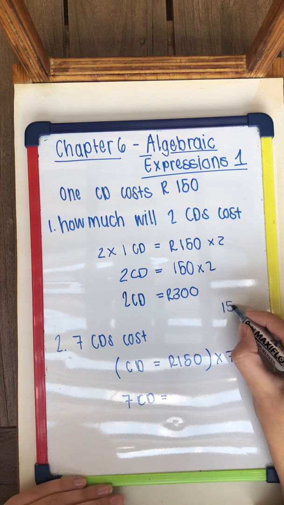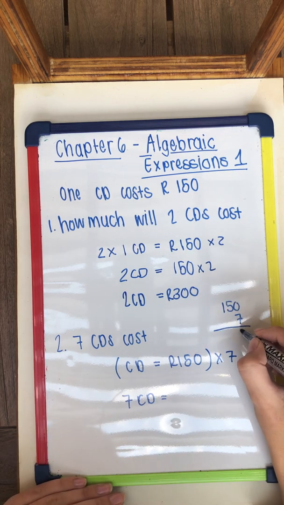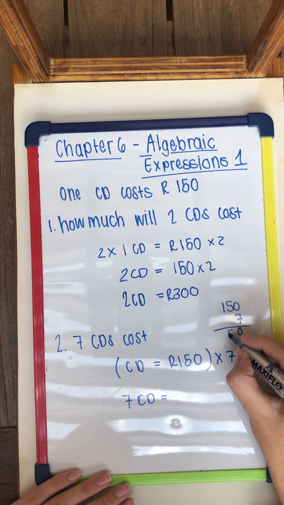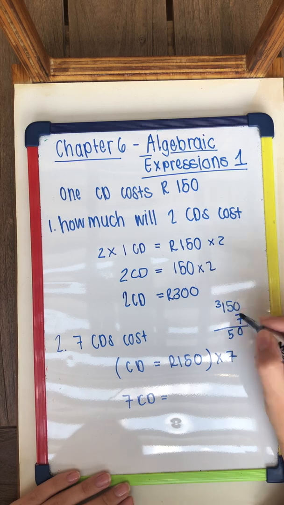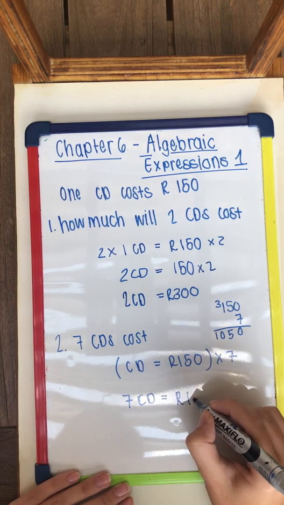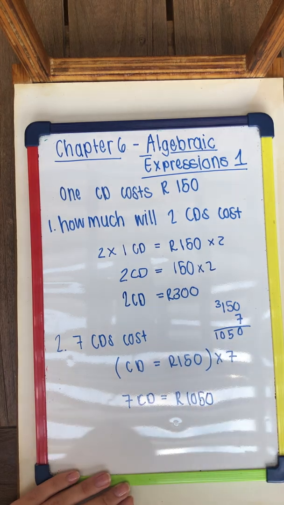So that's 7 times 5, 7 times 1, 7 plus 3, so it will be 1,050 Rand.